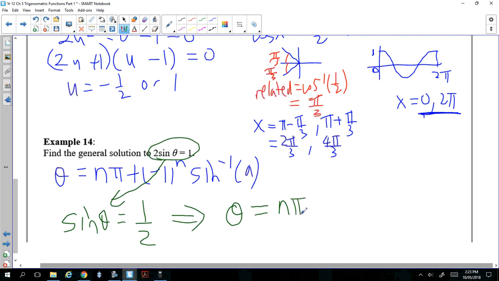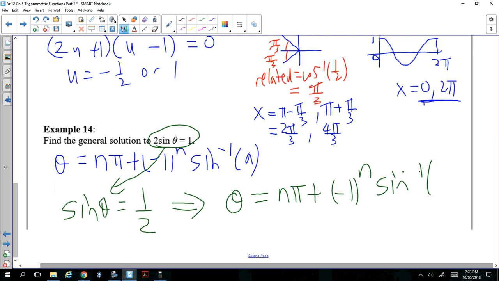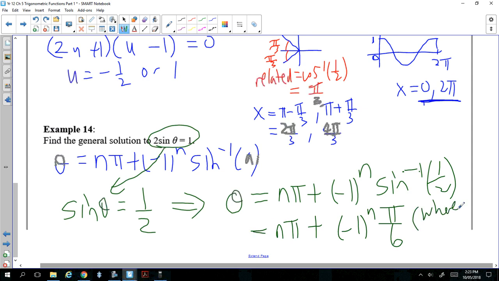Now what's sine inverse of half? It's pi over 6. So you just leave it in terms of pi and n. And then you should write a statement, where n is an integer. So we know what n is. Alright, general solution is pretty easy. You just have to use the formula. And it's given on the reference sheet. You don't have to memorize it, but if you memorize it, that's also okay.